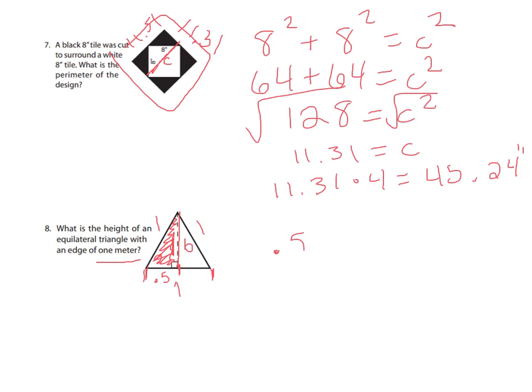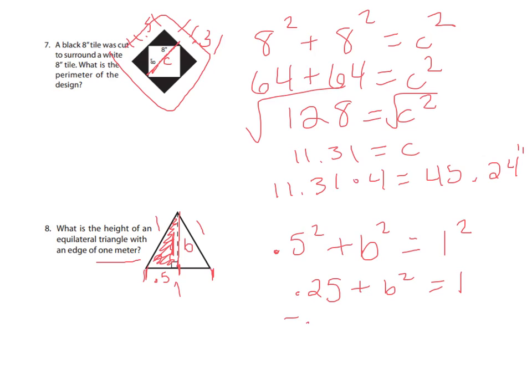So I'm going to say 0.5 squared plus, I don't know my B, so I'm going to say plus B squared, equals 1 squared, because the hypotenuse right now is 1. So 0.5 squared is 0.25 plus b squared equals 1 squared is 1.